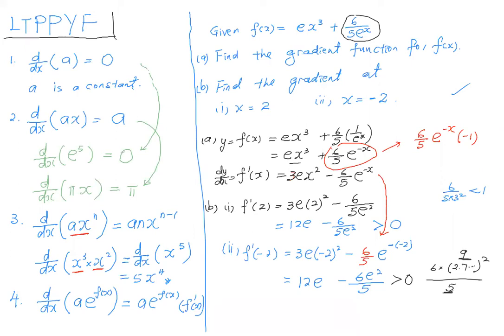Hence, state whether the function is increasing or decreasing at this point. I can ask a question like that. So if the gradient is positive, that means the function is increasing at x equal to 2 and x equal to -2 also. But the rate of increase at x equal to 2 is higher than at x equal to -2, correct? Yes. That is how we view it.